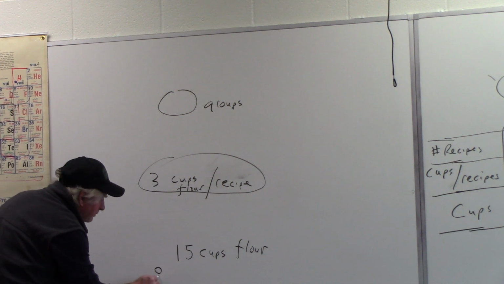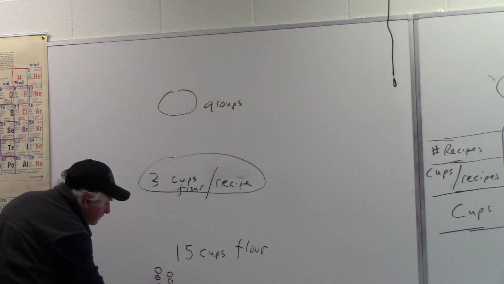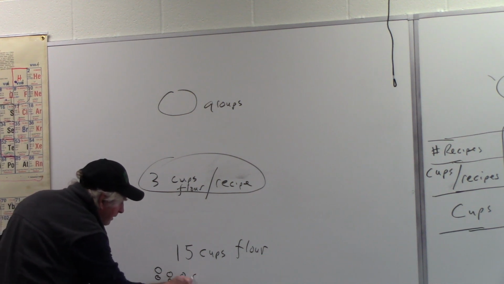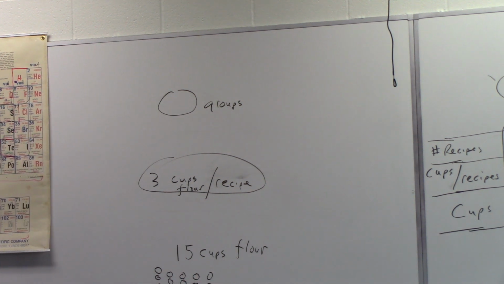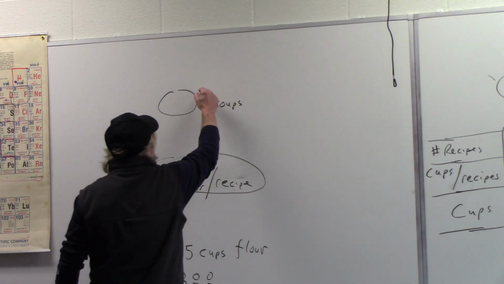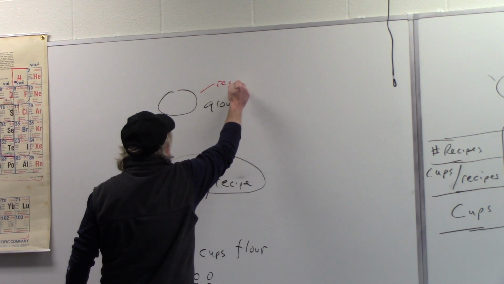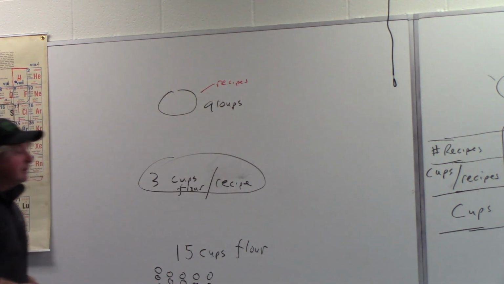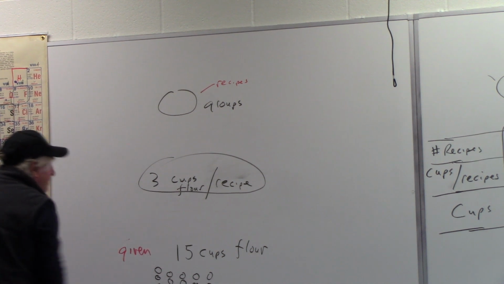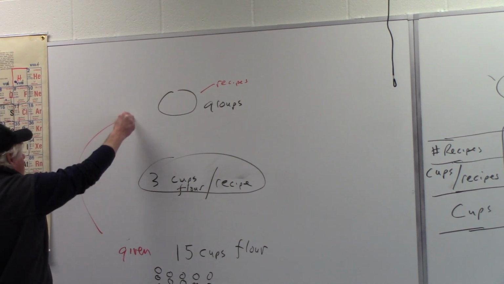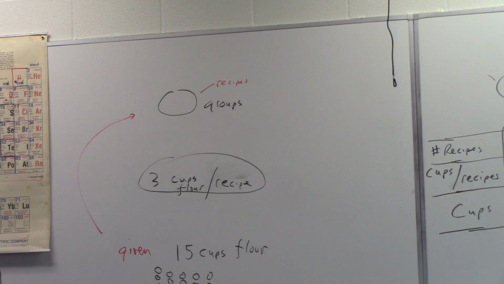So 1, 2, 3, 4, 5, 6, 7, 8, 9, 10, 11, 12, 13, 14, 15. What I want to do is find out how many recipes I can get from that. So this is what I'm given, and this is what I want to get.